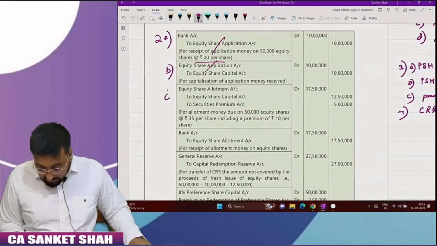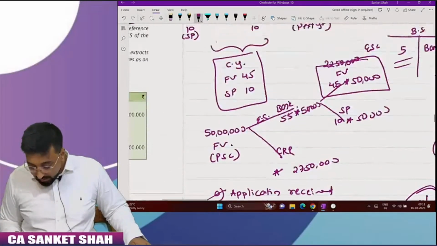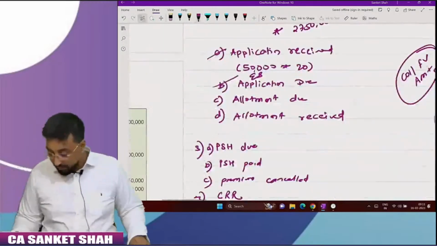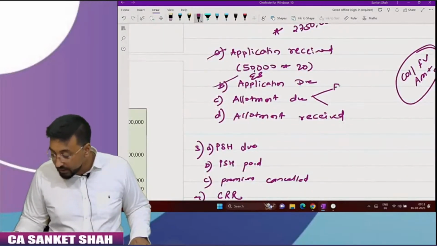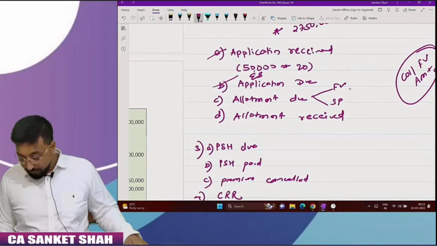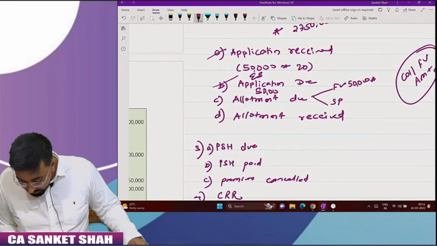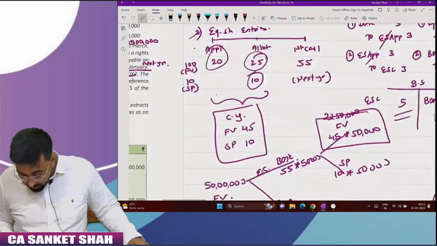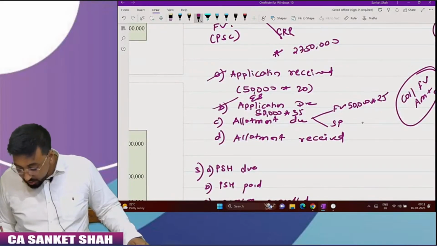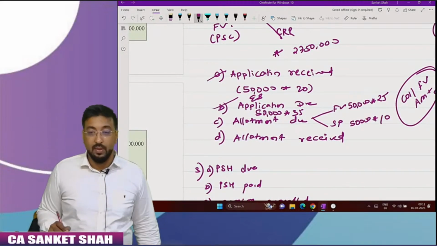Sir, C entry is equity share allotment due. But see, in allotment we have 25 in capital and 10 in security premium. So what will come in allotment? Face value plus security premium. So allotment due is 50,000 into how much? 35. Out of that, face value is 25 and 50,000 into 10 is security premium.